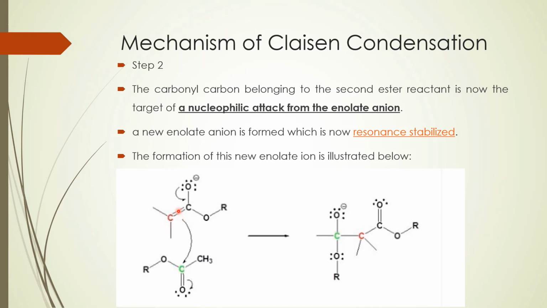So after opening of this double bond, this carbon atom becomes negatively charged, and the negatively charged carbon atom attacks this positively charged carbon atom, and the bond between carbon and oxygen here opens on oxygen, so that we have another molecule of enolate. Here there is a negative charge on the oxygen atom.